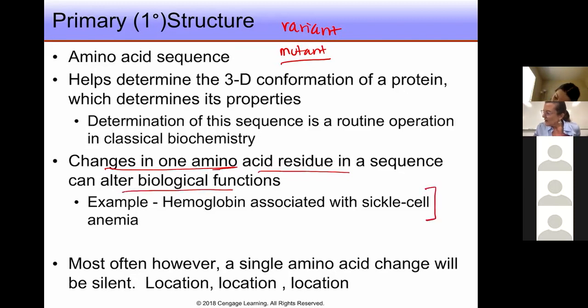The example that the book goes over is hemoglobin, with that amino acid substitution that changes the shape of the red blood cell and causes sickle cell anemia. But the vast majority of changes or mutations in the amino acid sequence are silent. It really matters where it is.